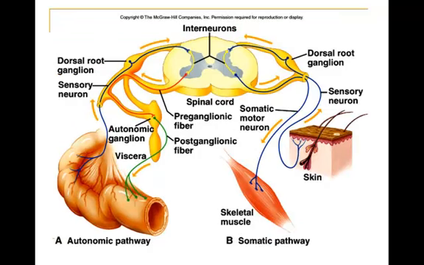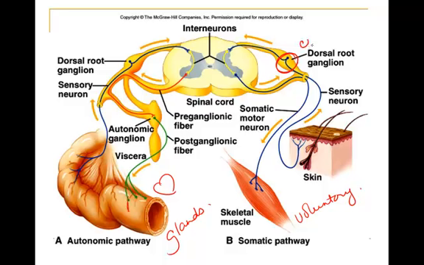Okay, so what we said was effectors. In the somatic pathways, it's going to be voluntary and it's going to be a muscle. In the autonomic pathway, it's going to be smooth muscle like that of your bowel. It might be your heart. It might be one of the glands. The cell bodies. So in the somatic pathway, the cell body is in the ganglion.